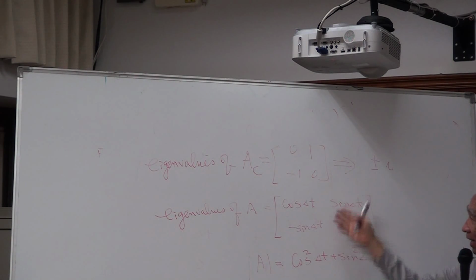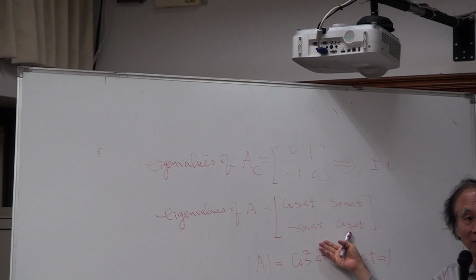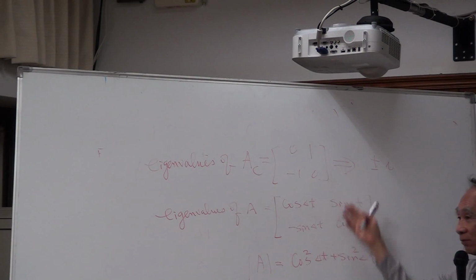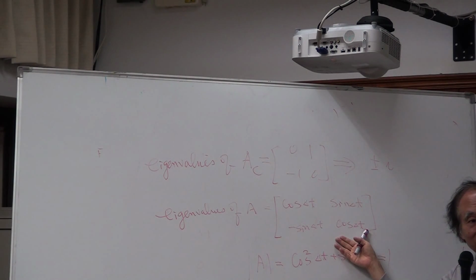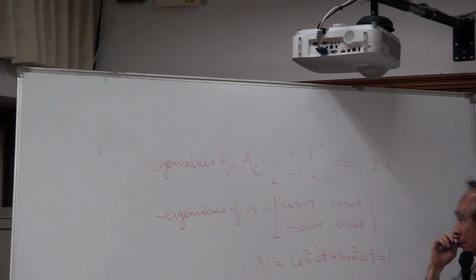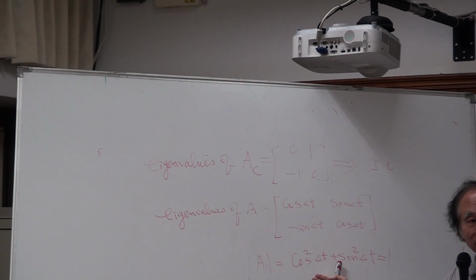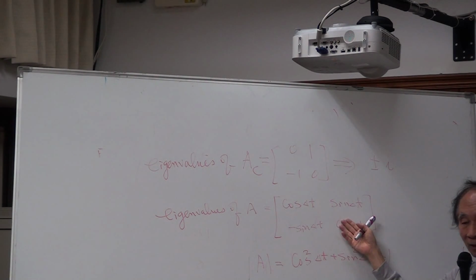And when you convert it to a discrete time model, that conversion has some properties we have to understand. First of all, your determinant is equal to 1.